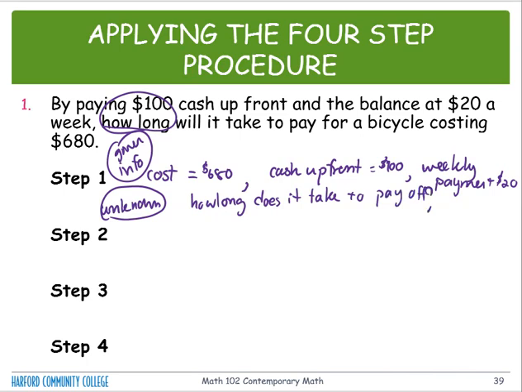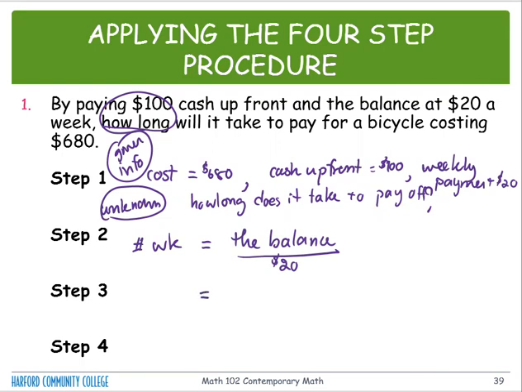Step two, we're going to make a plan to solve the problem. The question is how long does it take? That means we're going to find the quantity in weeks to finish off the balance. So the number of weeks would be the balance divided by 20, the weekly payment. The question is, what is the balance?